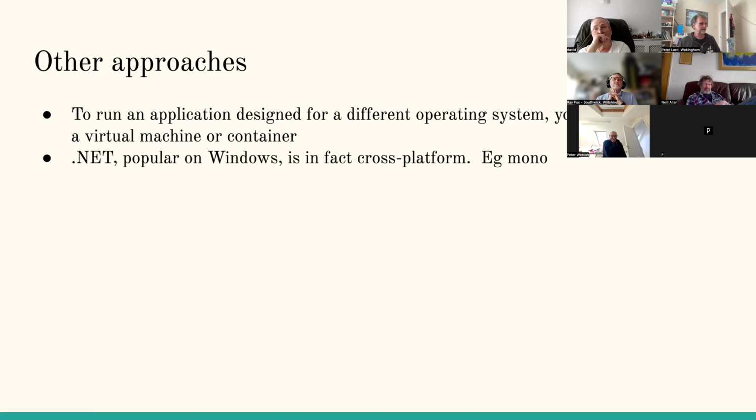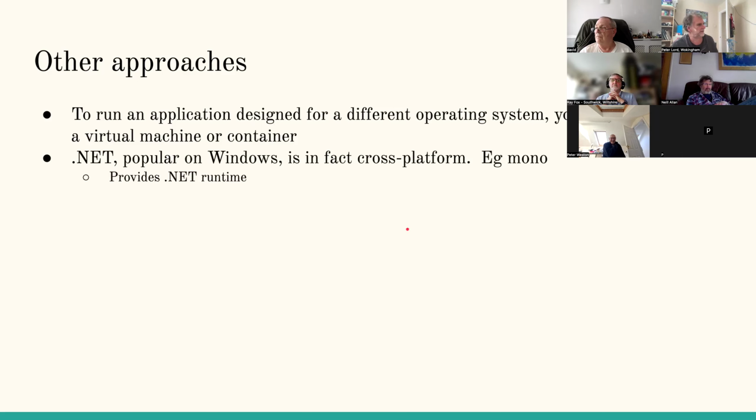There is, if you're not aware, a development platform on Windows called .NET, which enables programmers to build Windows applications. The .NET libraries include windowing widgets and buttons and sliders and all these sorts of stuff. But it turns out .NET is actually cross-platform, so you can run .NET on Linux. And the implementation is called Mono.